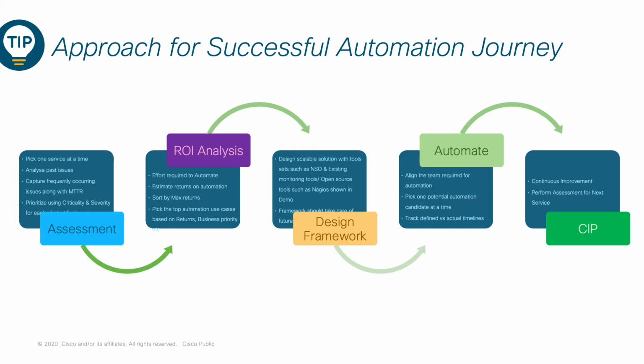The next important item is the design framework. You have to design the framework for your solution to work. It has to be scalable and also work for the future, meaning the technologies are changing every year, so the solution we design should be capable of supporting future enhancements and technology stacks.